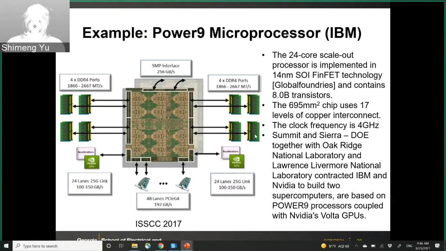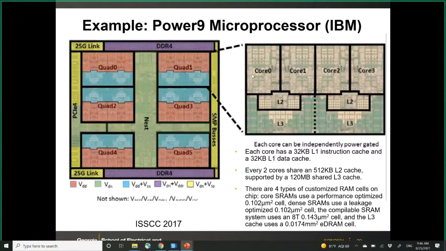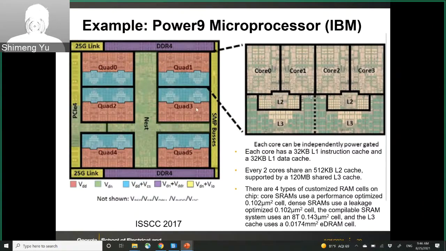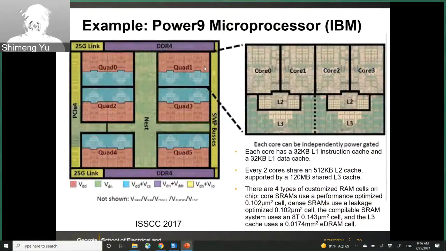So anyway, this is the POWER9 processor, and let's take a look at what it includes. So 24 cores, okay. And here you will see that we have 6 quad areas, and each quad area will have 4 cores. So 4 times 6, in total you have 24 cores.